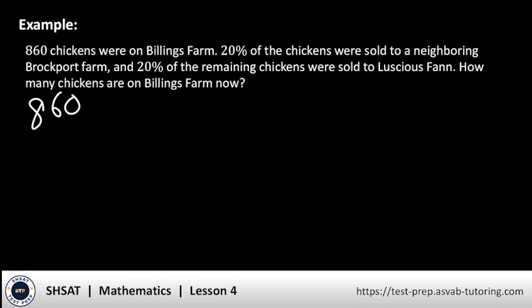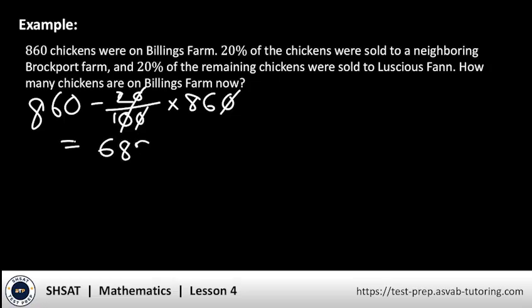To do that, we are going to do 860 minus 20% of 860, right? To simplify this, we can cancel off the zeros. So 86 times 2, and then 860 minus 86 times 2. That gives me a total of 688.